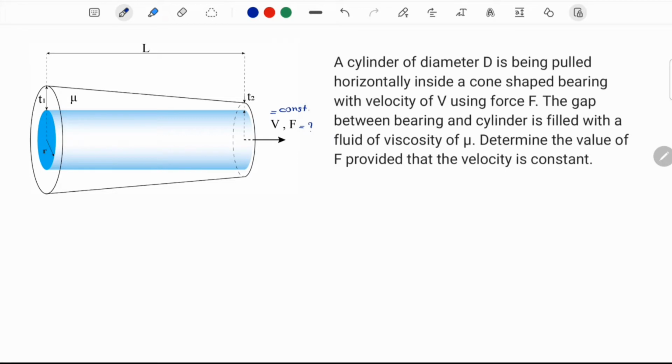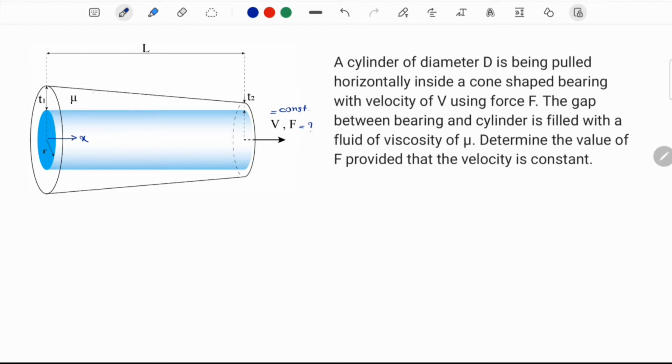Okay, in this problem, unlike previous problems, the shear stress on the surface of this cylinder is not constant along this axis. I call this axis the x-axis. It's not constant along this axis.